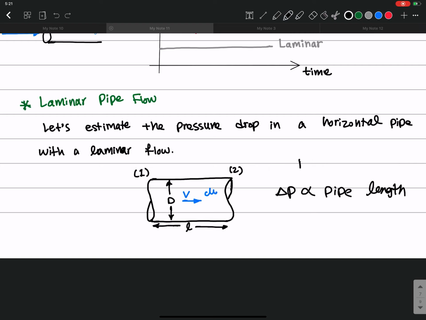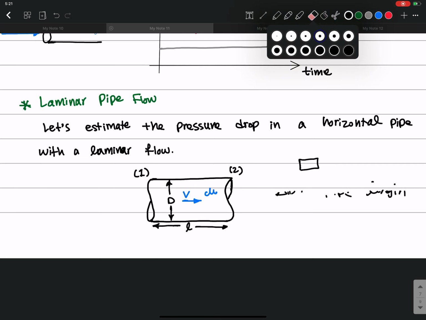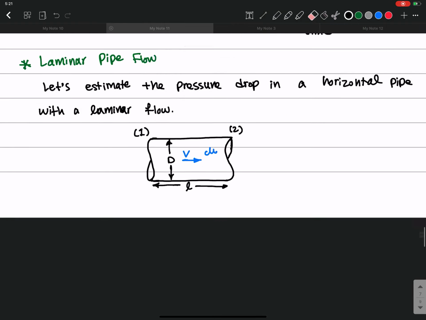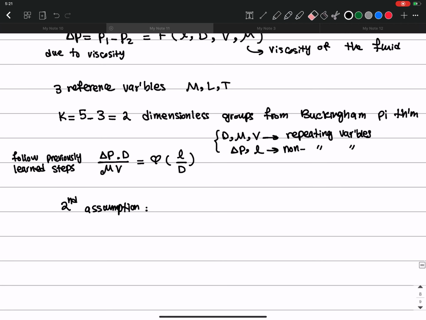And if your pipe is shorter, then your pressure drop should also be smaller. So this is what we expect from physical intuition, and so we make this assumption. A second assumption we make is that pressure drop is proportional to pipe length.